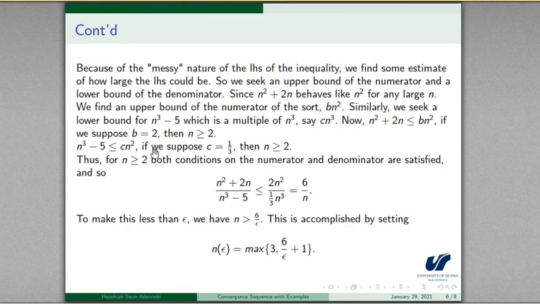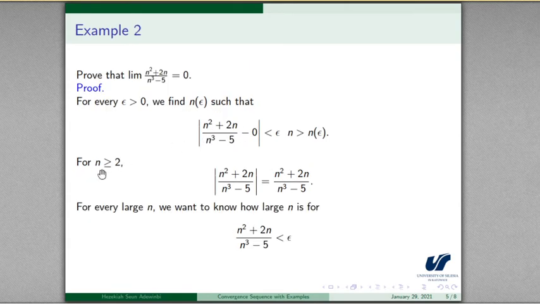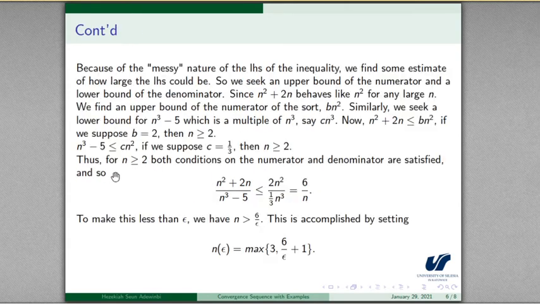So if we take c to be 1 divided by 3, then n is greater than or equal to 2. Now we have n greater than or equal to 2, n greater than or equal to 2, and previously we have n greater than or equal to 2. So now for any n greater than or equal to 2, both conditions on the numerator and denominator are satisfied. Suppose we have n greater than or equal to 3 here, and n greater than or equal to 2 here, we'll pick the maximum.